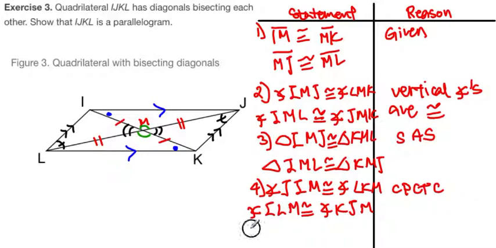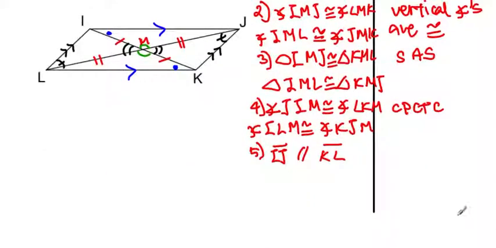Now, then we can say the line segment IJ must be parallel to line segment KL, and the same reasoning goes for IL being parallel to KJ.